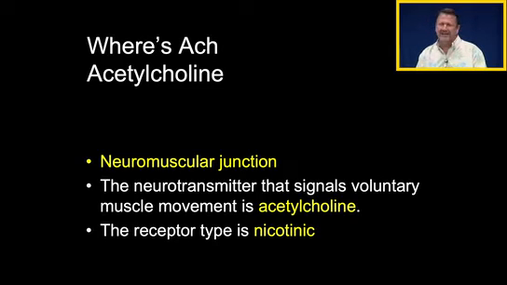Now, when people use nicotine as a drug, that effect comes from nicotine's effect on the central nervous system, not the neuromuscular junction. And so be careful using that word nicotine, because the nicotinic receptor in the neuromuscular junction just has a high affinity for the chemical nicotine.